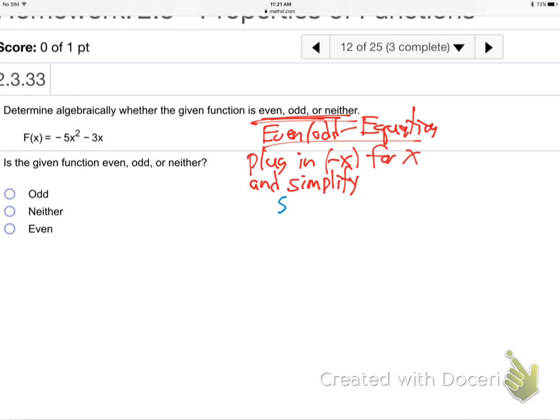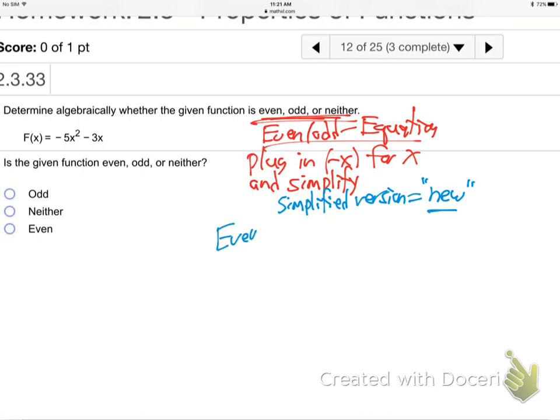The simplified version is going to be called the new one. Here's how you use the equation, no picture to look at, to figure out if it has even, odd, some kind of symmetry. You plug in negative x. You simplify it. I'm going to be calling that new. And then you just do a couple checks.